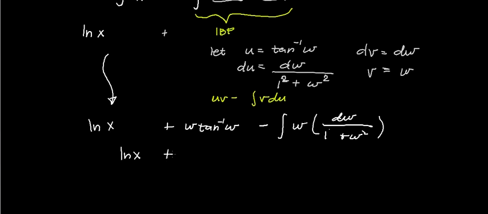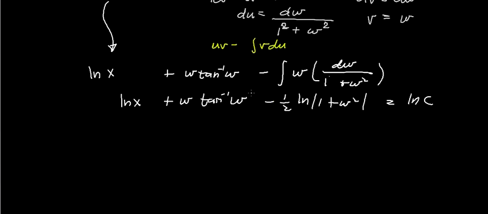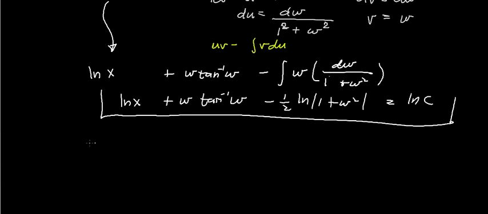So we have ln of x plus w arctan w minus, since we have w squared here and w here, the derivative of 1 plus w squared is 2w dw, but we have w dw, so we only need to divide by 2, and then ln of 1 plus w squared, and then plus C. But since we have ln here, let's use once again ln of C. Then we already have our general solution, but we need to bring back the value of w.